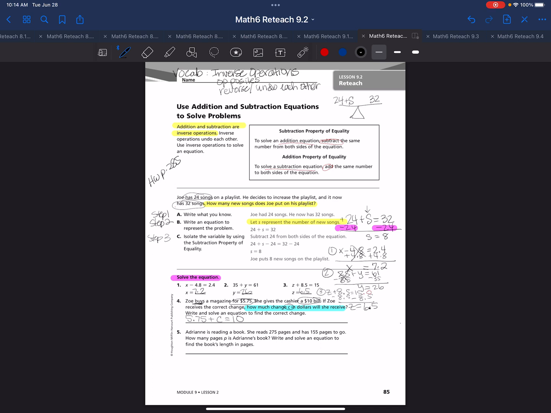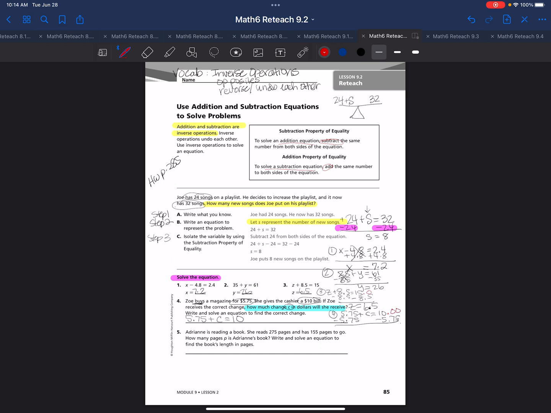This is an addition problem. So let's go ahead and do the work here on the side. So I want to write the problem. This is addition. The opposite of addition is subtraction. What I do to one side, I must do to the other so it stays balanced.